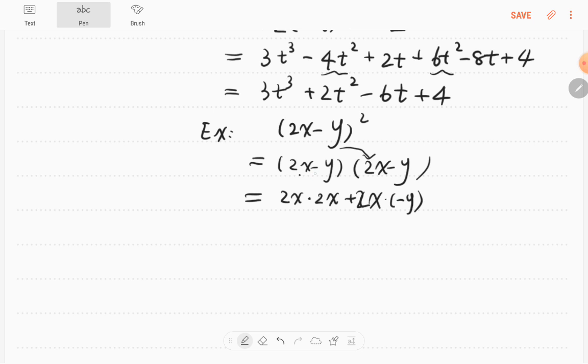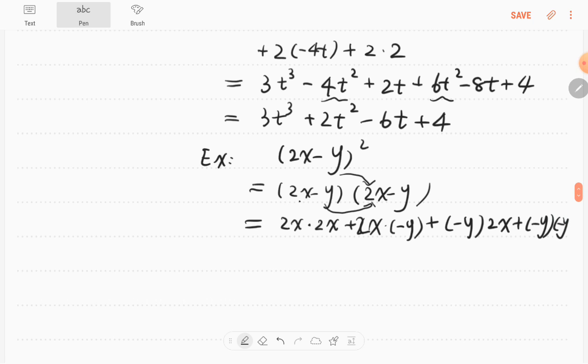Then we should talk about the second term of the first polynomial, negative y. So plus negative y, this time applied to the first term, will be times 2x. Again, plus negative y applied to the second term of the second one, we will have another negative y.